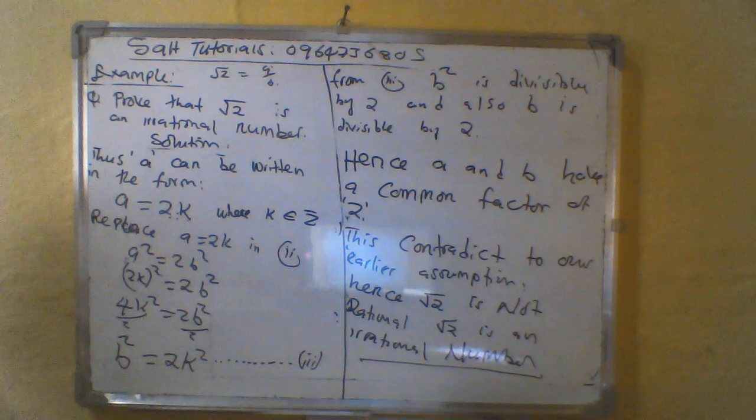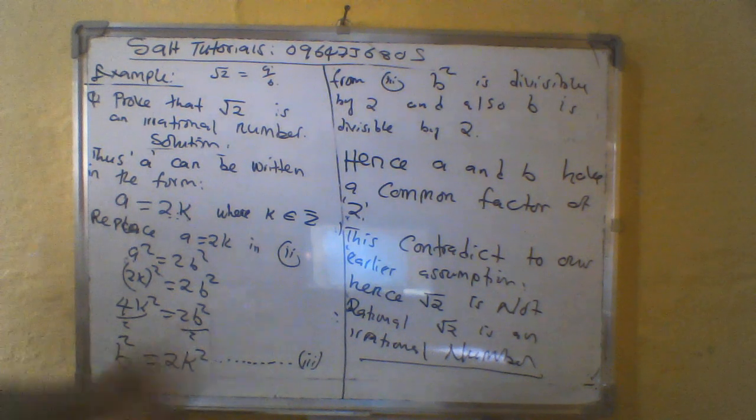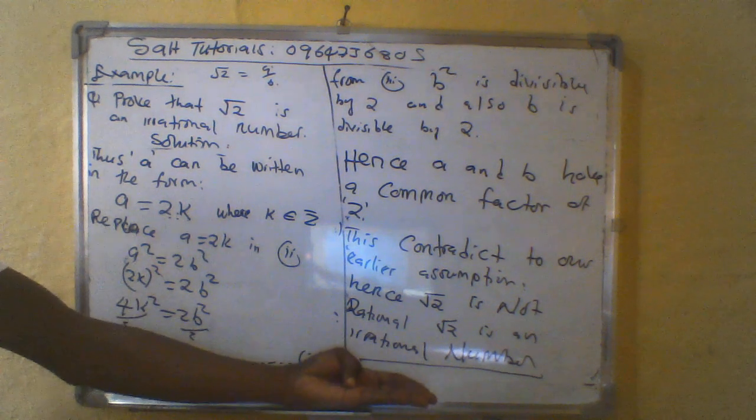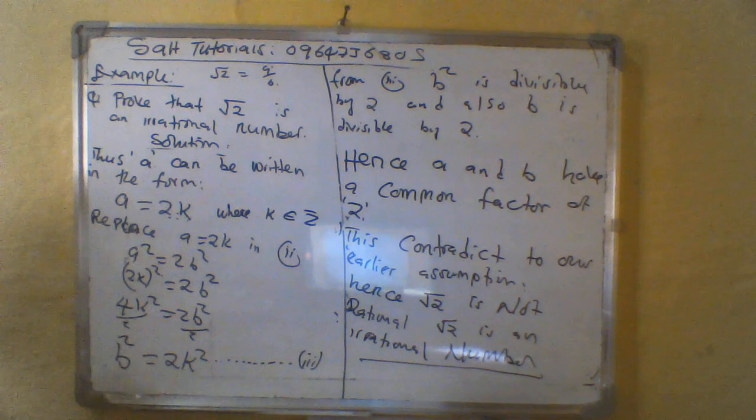So this contradicts our earlier assumption that a and b have no common factor. Therefore, by the method of contradiction, root 2 is an irrational number. And you are done. So every time we are proving irrational numbers, we prove by the method of contradiction, where we assume that the number is rational, and then we try to simplify and contradict our assumption.